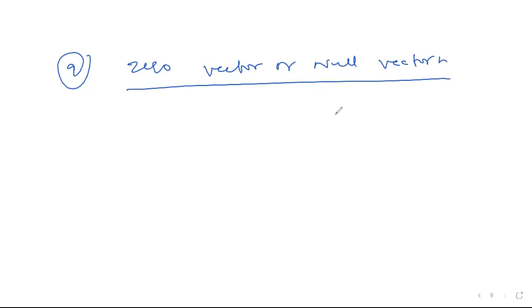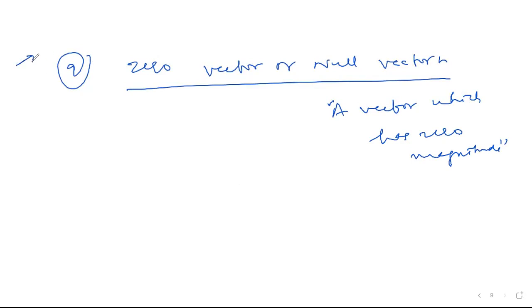A vector which has zero magnitude. When it has zero magnitude, there is no question of direction. Because it is a vector, when a vector has length, then we ask in which direction it is oriented. So for a vector which has zero magnitude, there is no question of direction.